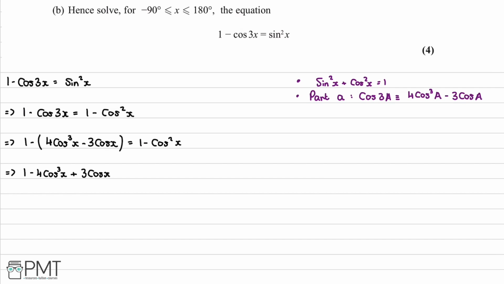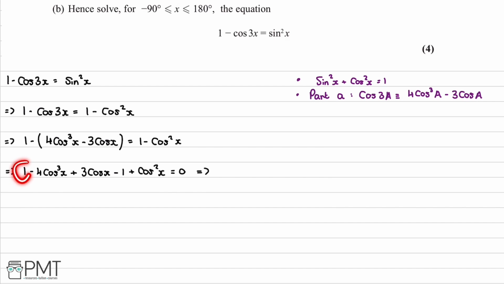And then we subtract 1 and add cos squared x, which is equal to 0. And therefore, we can tidy this up a little bit. We can see our 1's here. We have a positive 1 and a negative 1. They'll cancel out. So that's going to leave us with cos squared x, and we're going to add on 3 cos x. And then our final term is going to be negative 4 cos cubed x, and we recall that this is all still equal to 0.